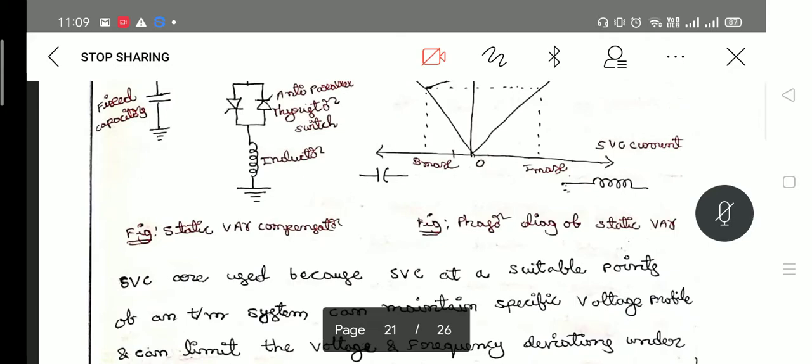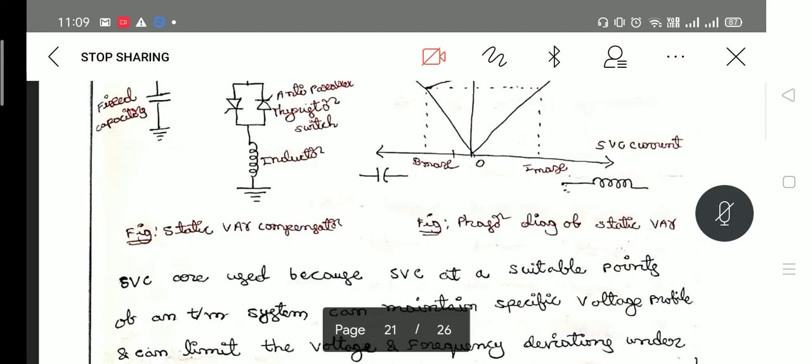In this static VAR system, any disturbances that occur in voltage and frequency, we can overcome by using the static VAR compensator.